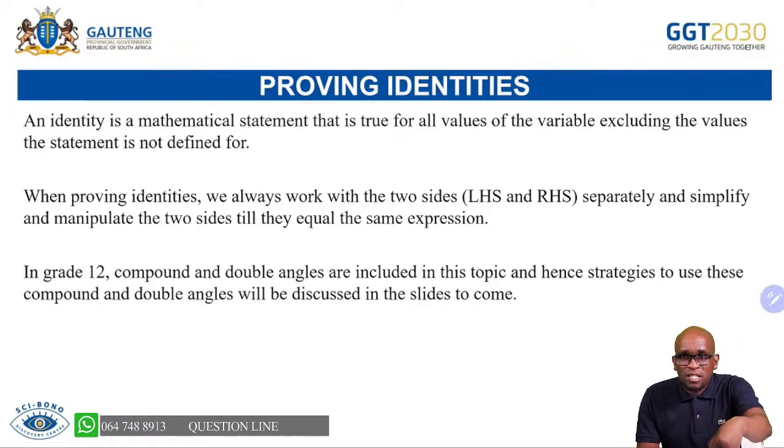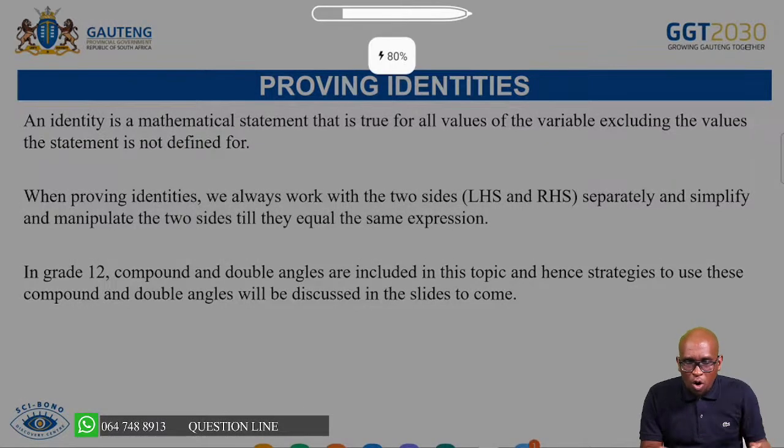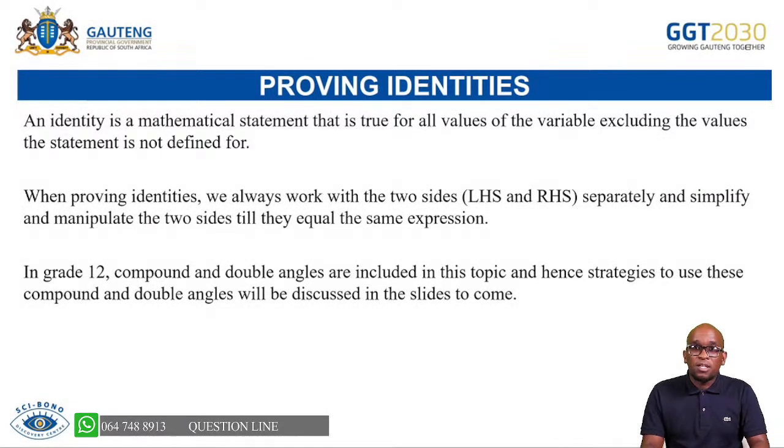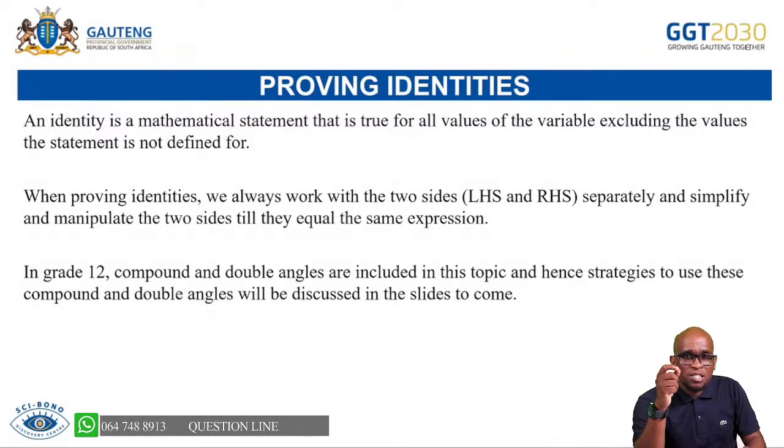By definition, an identity is any mathematical statement that is true for all values of the variable, excluding the values where the identity is not defined. So it is a mathematical statement that is true for all values of a variable, excluding those where it is not defined.